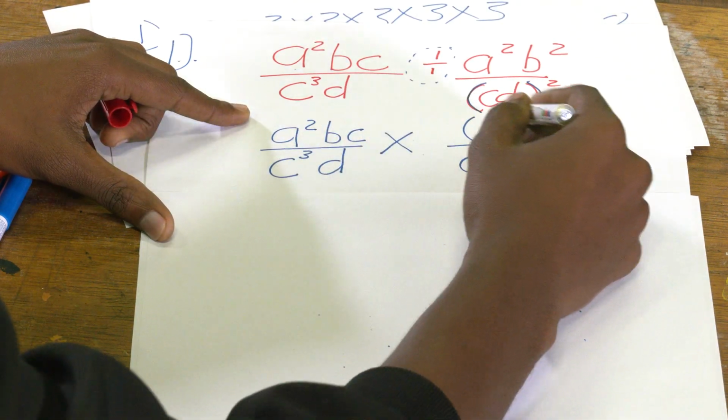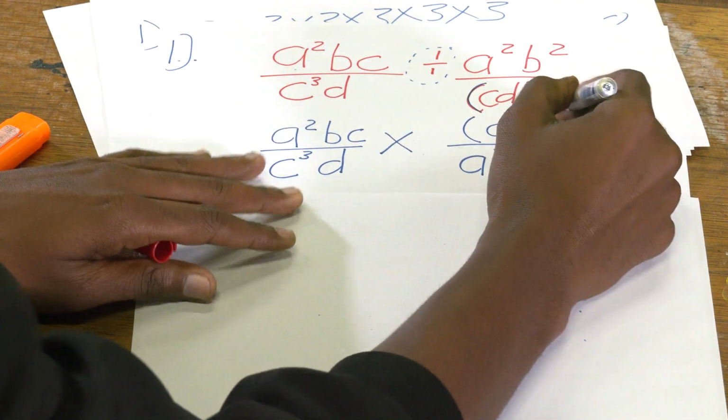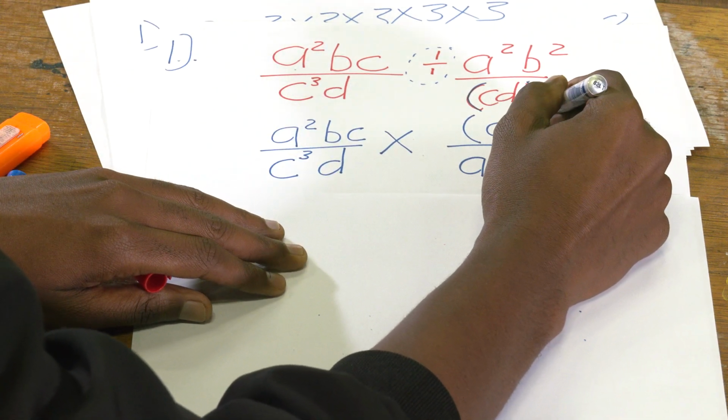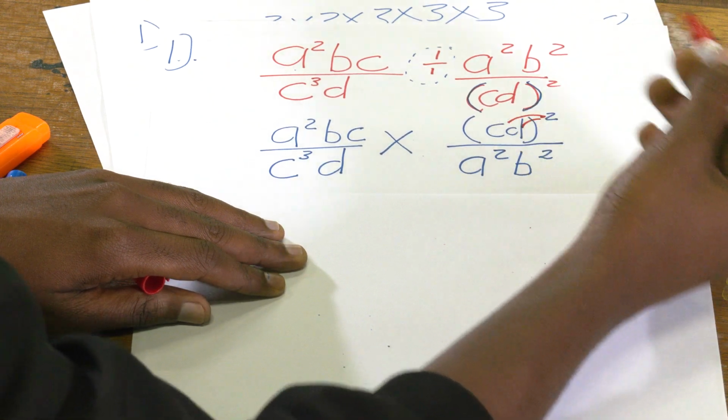So at the top now we have, and remember, we have to multiply this by all the variables inside.